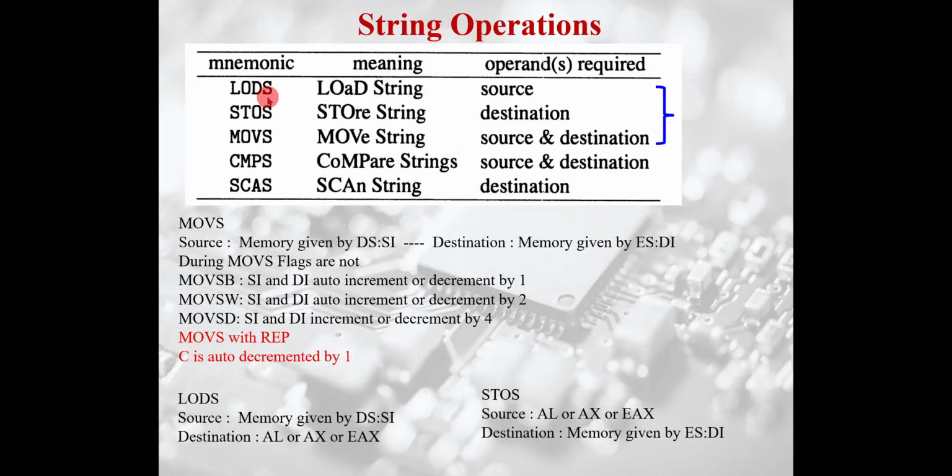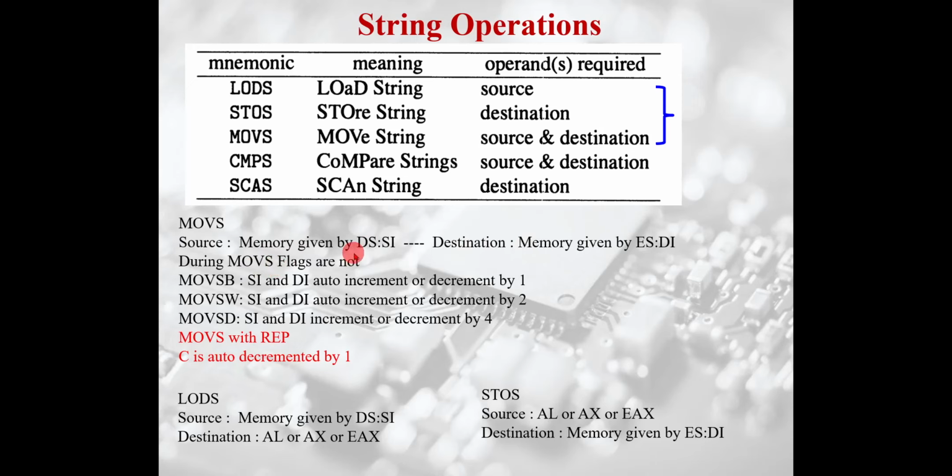So we discussed LODS, STOS, and MOVS. S stands for string. In the MOVS, we saw that we don't have to specify the source and the destination address. The MOVS command is used to shift the data from one memory cell to another.